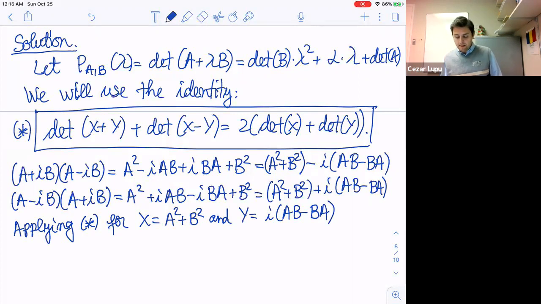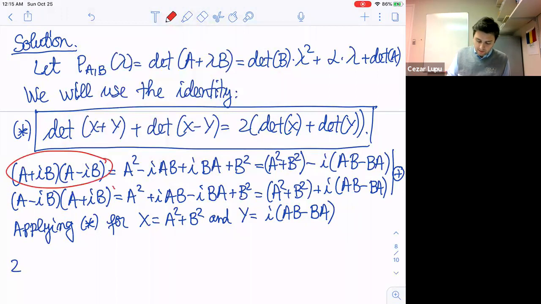So keep in mind that we should add these two equalities, add them up. So we will have that 2 times the determinant of these two expressions here will be the same. The determinant of this guy is the same as the determinant of this guy. So this will be 2 times the determinant.